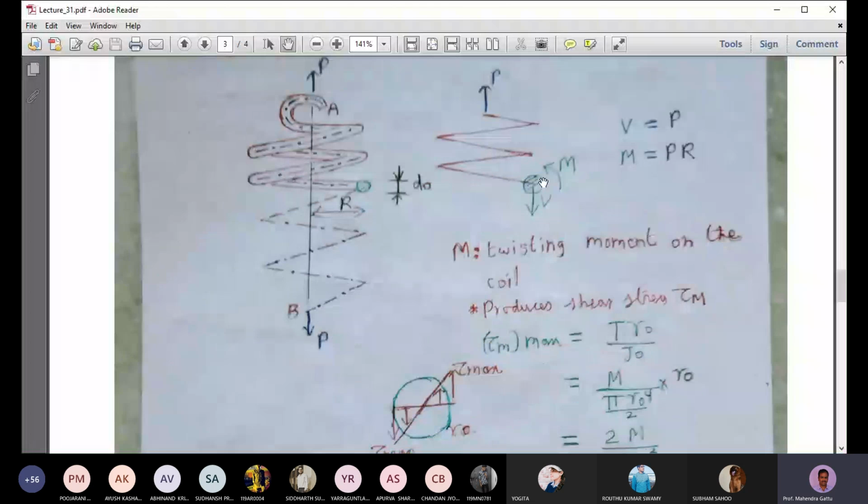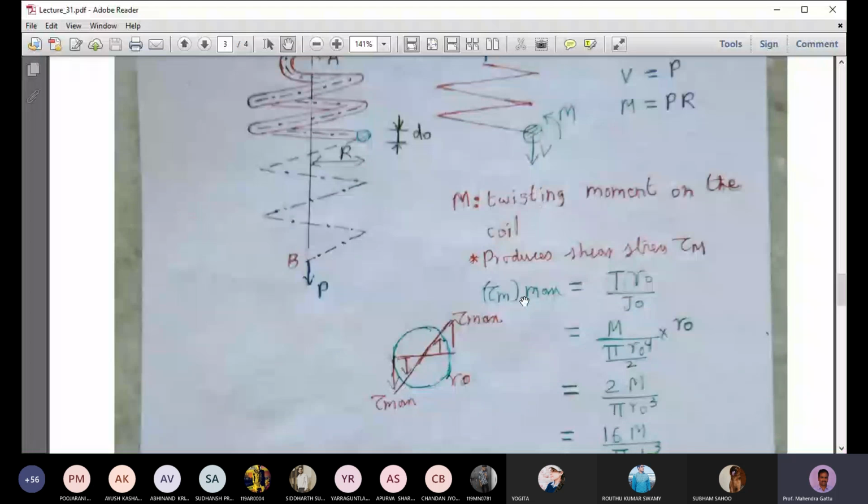If you look carefully, this moment is also the twisting moment which is coming on that circular helix. This M is the twisting moment coming on the tube, and we want to find the shear stress produced by this twisting moment M. The shear stress distribution will be linear: it will be 0 at the center and maximum on the outer circumference.